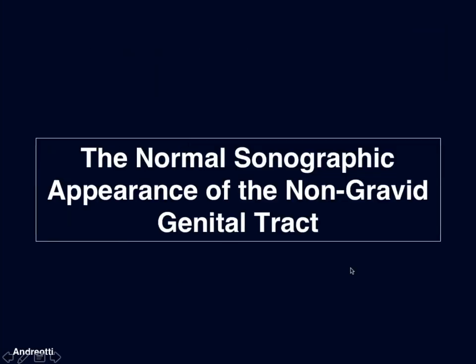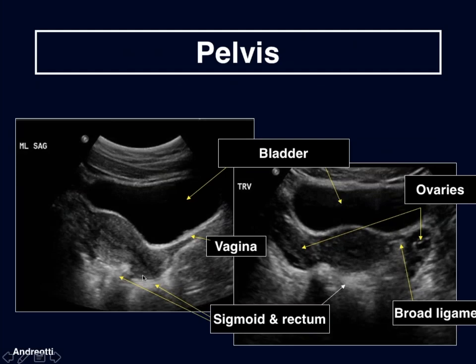So let's look at the normal sonographic appearance of the non-gravid genital tract. So once again, our typical transabdominal image, bladder anterior, uterus in the sagittal plane, and we have the uterus seen posterior to the distended bladder, as I just mentioned, and anterior to the rectum and sigmoid back here, which is seen only as dirty shadowing due to the gaseous contents of the bowel.